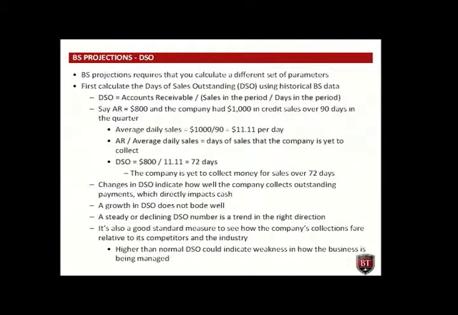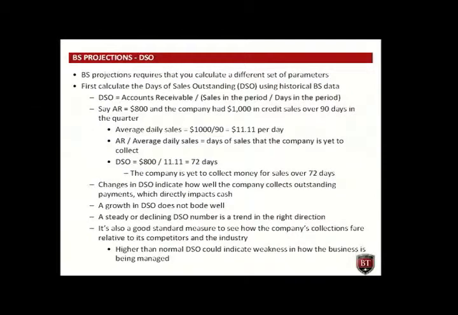So the average sales per day works out to 1,000 divided by 90, which is roughly about $11 per day. But you have $800 outstanding. So when you divide 800 by 11.11, it gives you the days of sales outstanding, which in this case is 72 days. So what this tells us is that it will take roughly 72 days before you collect your outstanding receivables.